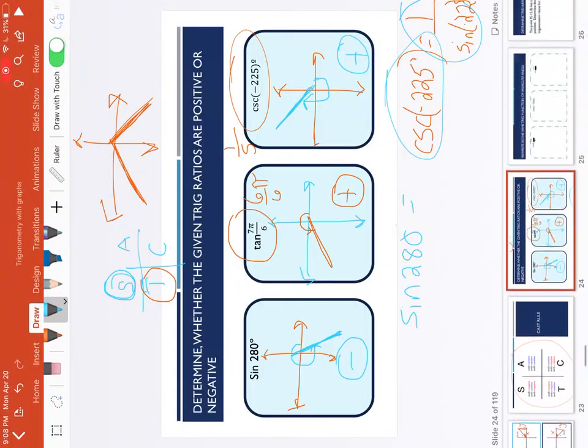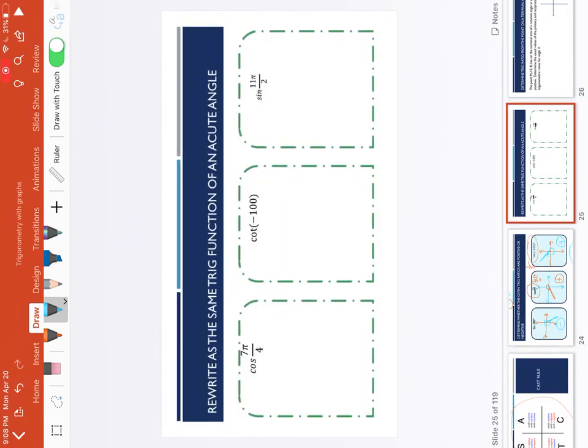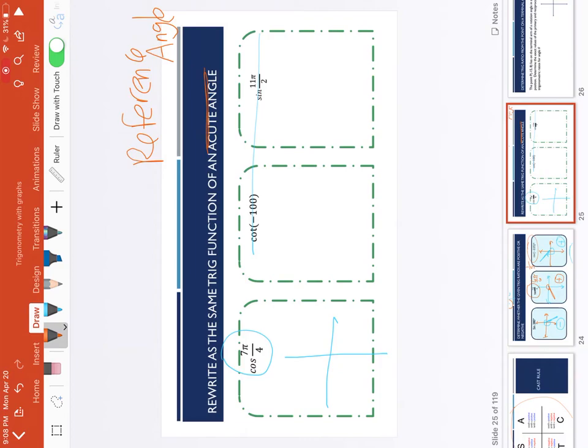Okay, so moving on, we're just going to do the first question here, but I'm not going to do all of them. So cosine, let's draw it out. And you're going to replace acute angle, and I want you to write reference angle. So cosine 7 pi over 4, we have to draw the angle out first.